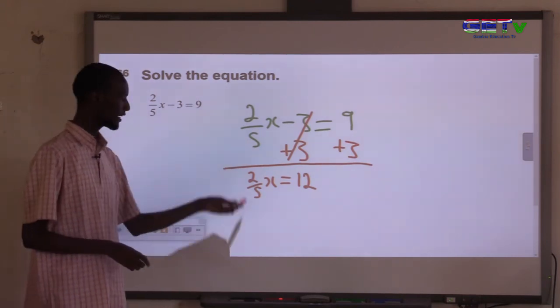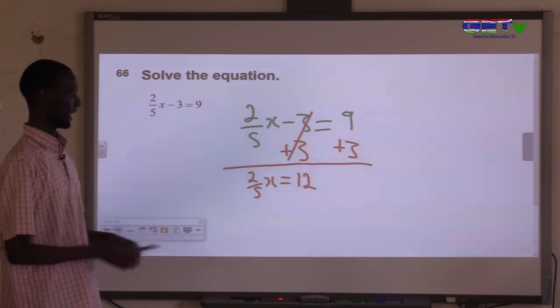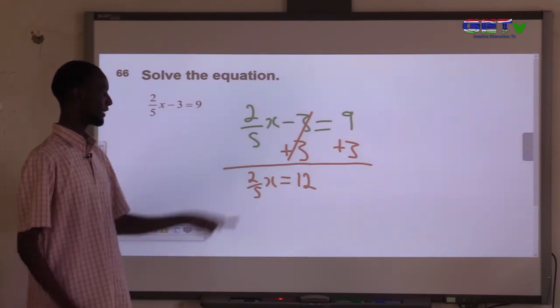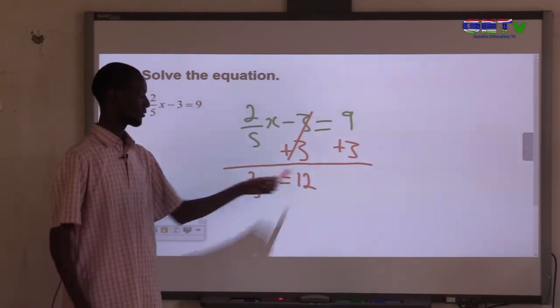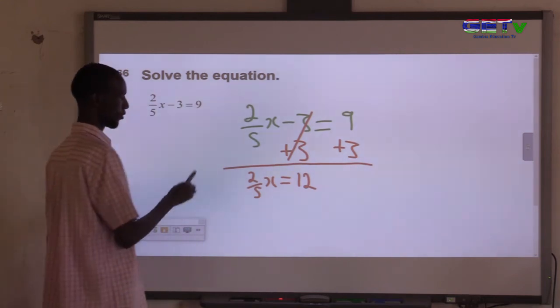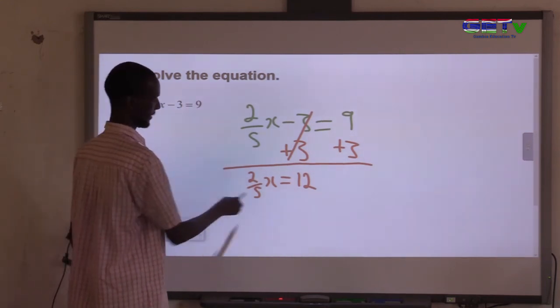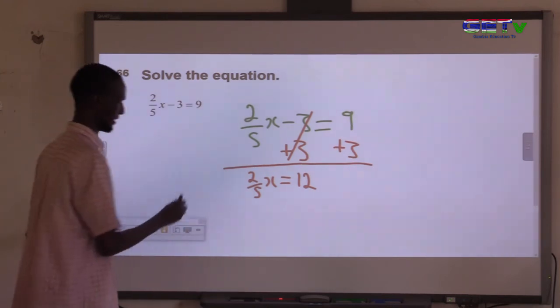But still, our variable is not alone. So we need to continue working. We have 2 over 5, that's 2 divided by 5, equals 12. So next, we need to undo the division. And to undo a division, you multiply.